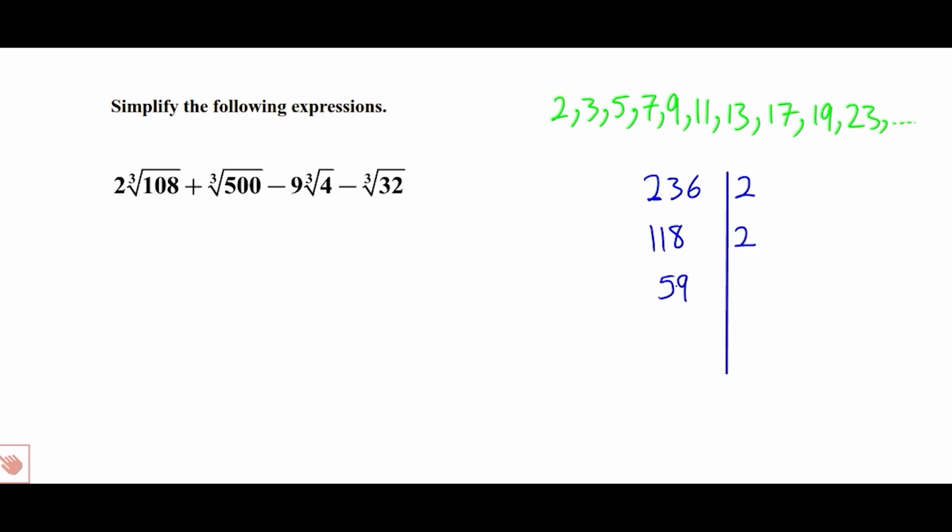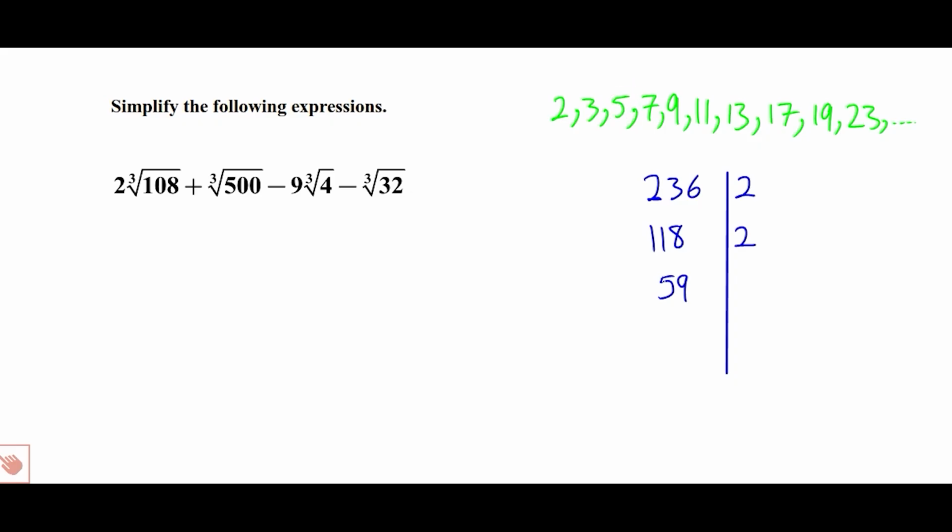Now we ask, is 59 divisible by 2? It's not, because it's an odd number. Now we choose the next prime number, which is 3. We ask ourselves, is this number divisible by 3? The answer is no. And then we choose the next prime number, which is 5.